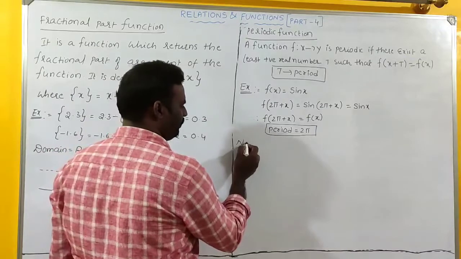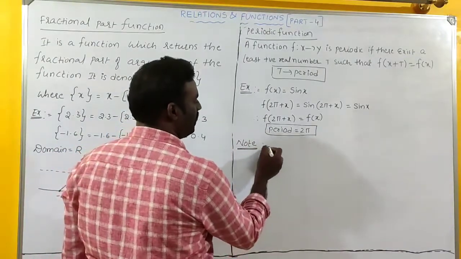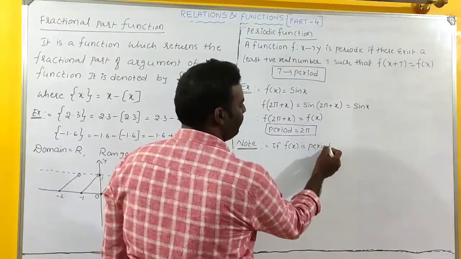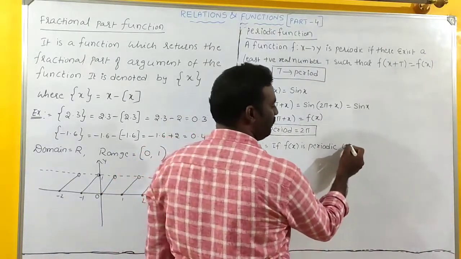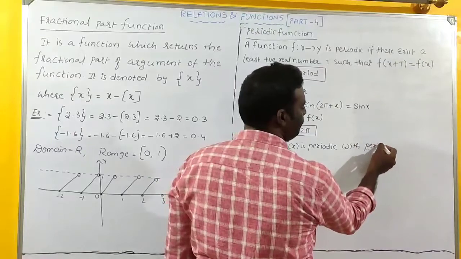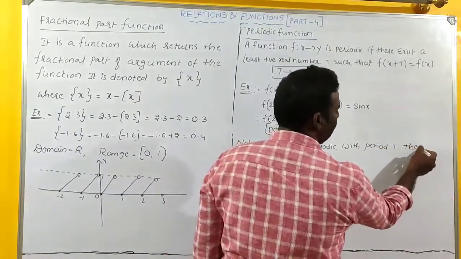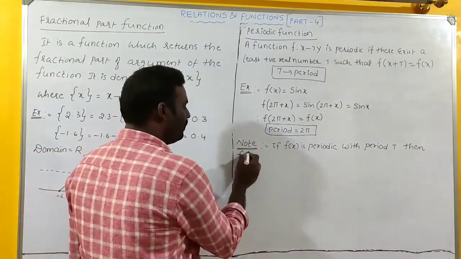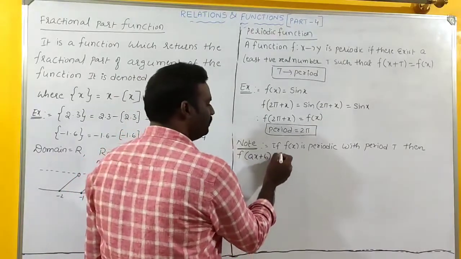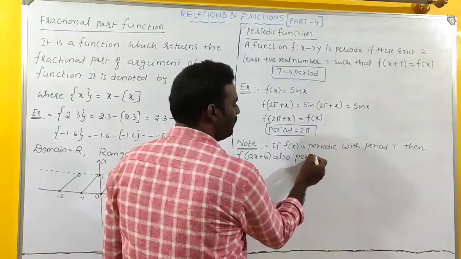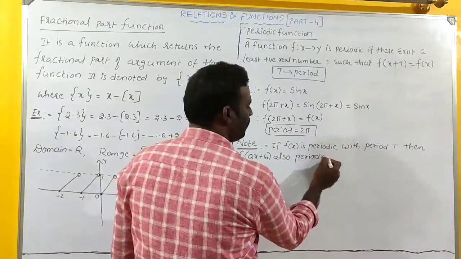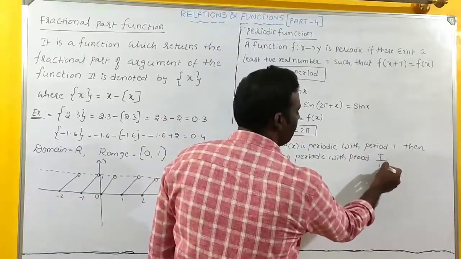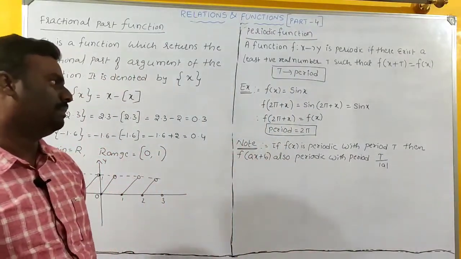Now note, if f of x is a periodic function with period t, then f of ax plus b is also periodic with period t by mod a.